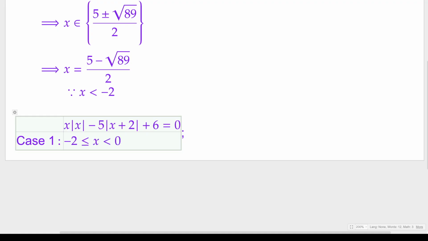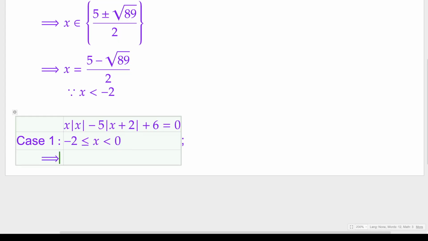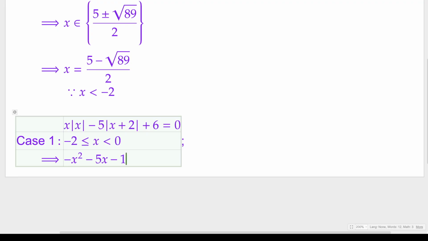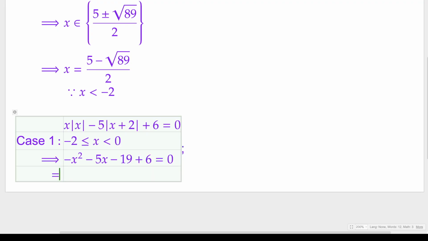The 0 part I will handle in the next case. Now the absolute value of x will be written as minus x. So effectively this is minus x square, and this one will be minus 5x minus 10 plus 6, that is equal to 0. Now solve this quadratic.